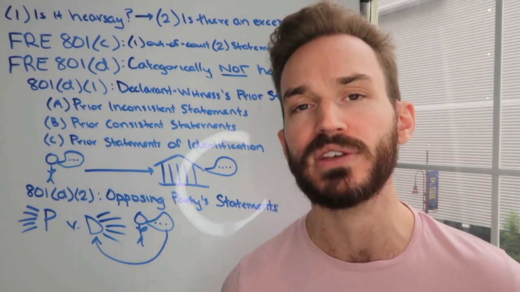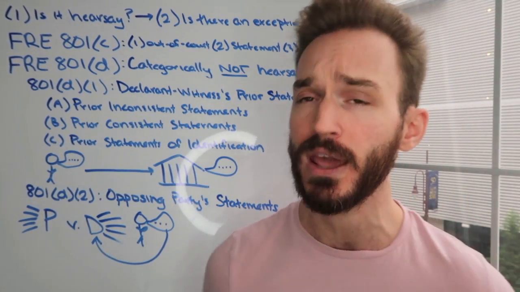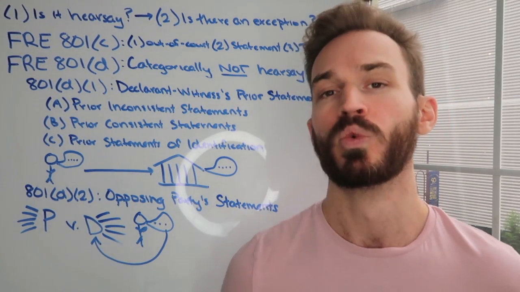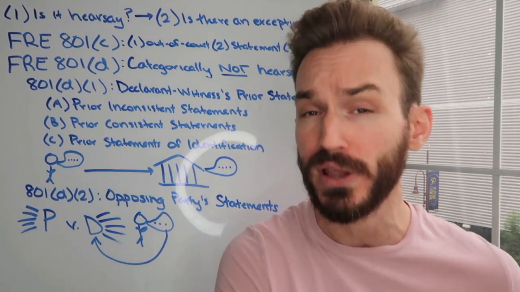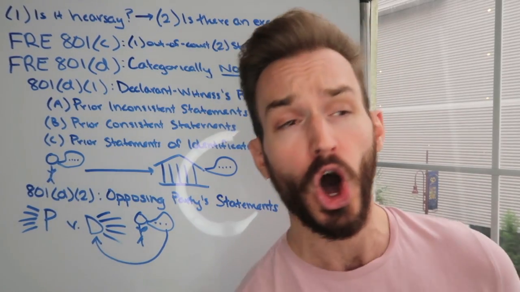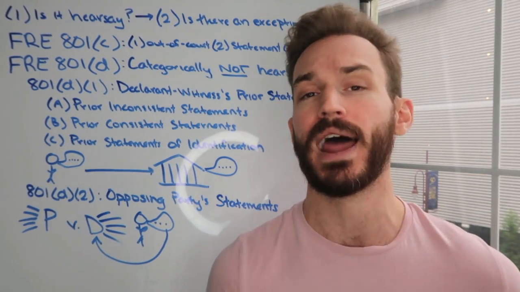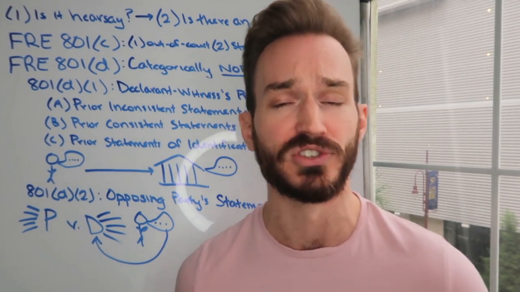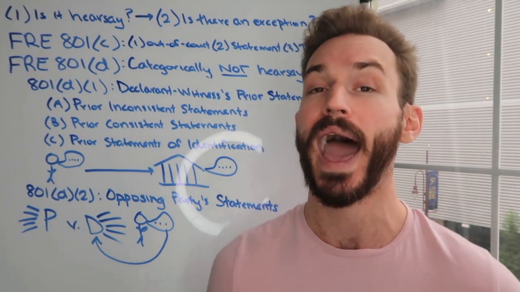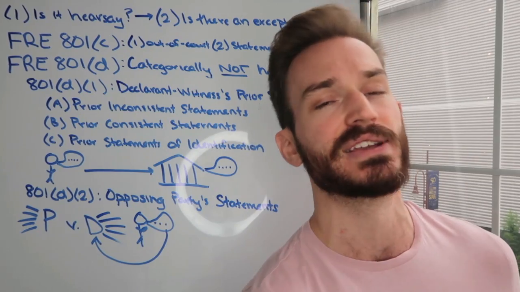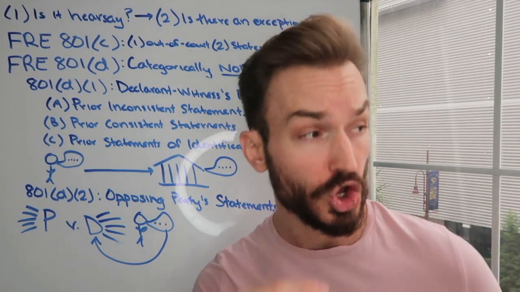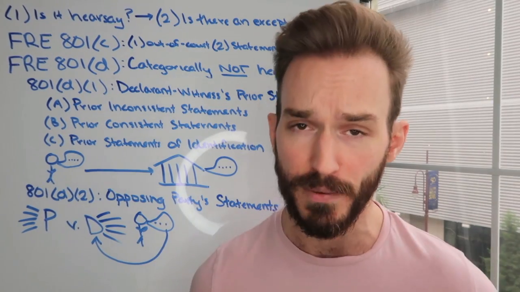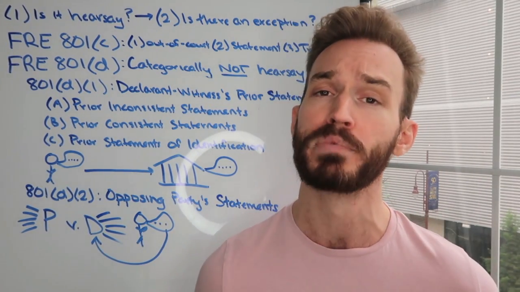Well, one of the big reasons that we have Rule 801 to begin with is because if somebody makes an out-of-court statement, we want the party who's bringing that statement in to call the person who made it. We don't want somebody else testifying to what somebody else said. That's why we have hearsay. If somebody makes an out-of-court statement, we want you to call the person who made it so they can be subject to cross-examination and speak for themselves from their own personal knowledge.